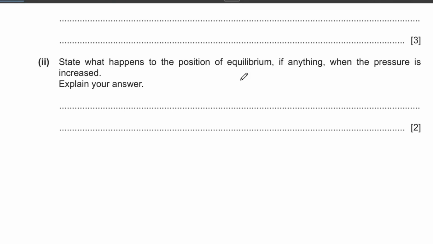So how will it oppose that change? To oppose the change by shifting the equilibrium to the side with fewer gas molecules. So in order to know where this equilibrium will shift, we need to know the number of gas molecules on the reactant side and the number of gas molecules on the product side. The side with the least number of gas molecules, that is where the equilibrium will shift, because the equilibrium is trying to oppose the increase in pressure.